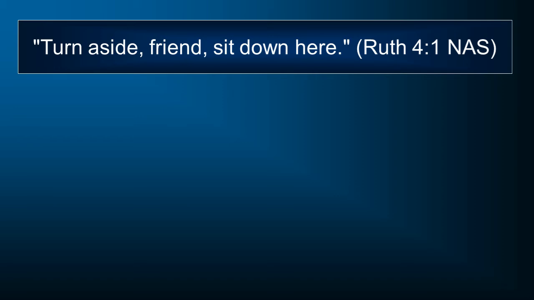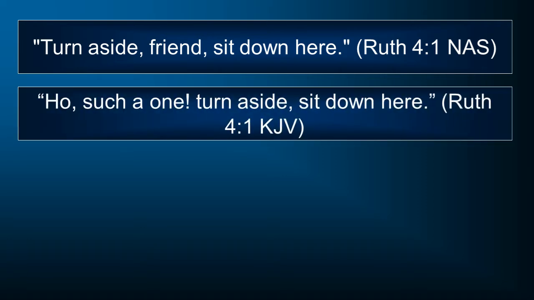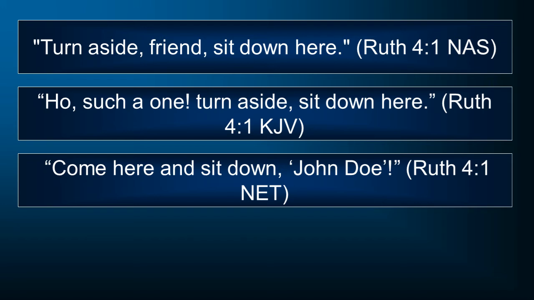But what we want to look at is just the single word, turn aside, and then the New American Standard translates it, turn aside, friend, sit down here. Now, King James translates it, oh, such a one, turn aside, sit down here. Notice, such a one, friend, the New English translation says, come here and sit down, John Doe.